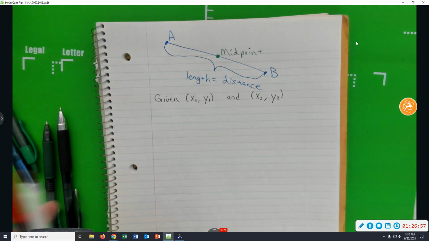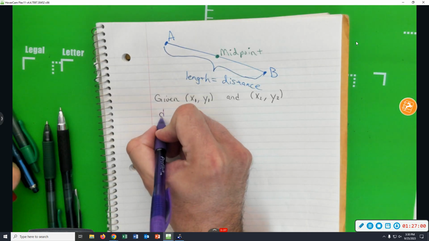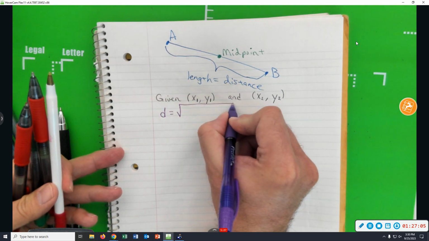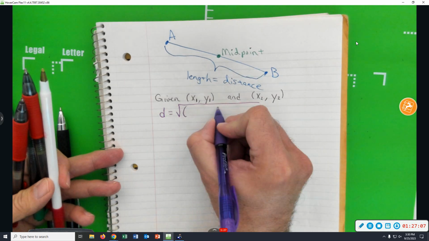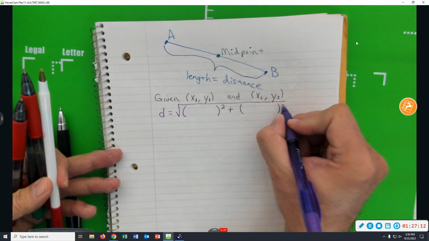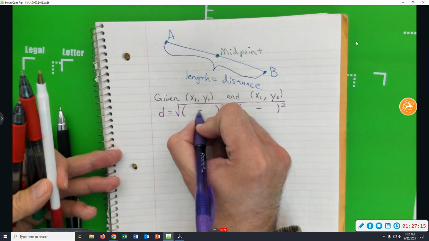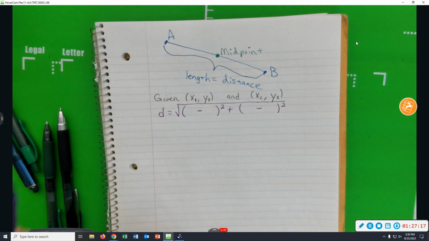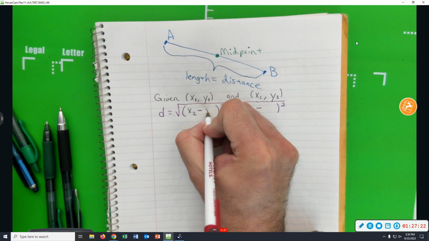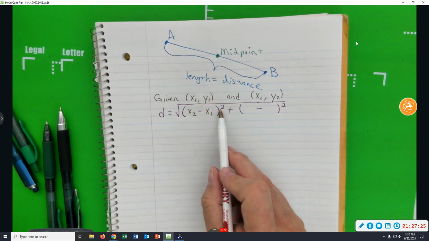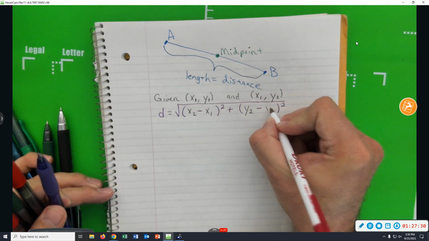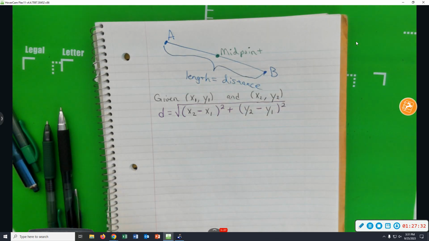So here's the formula for calculating this mysterious word called distance. It's second x minus first x, all squared, plus second y minus first y, squared.